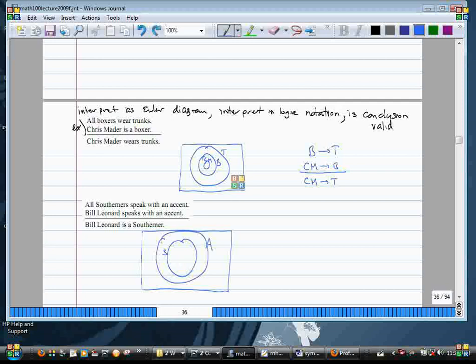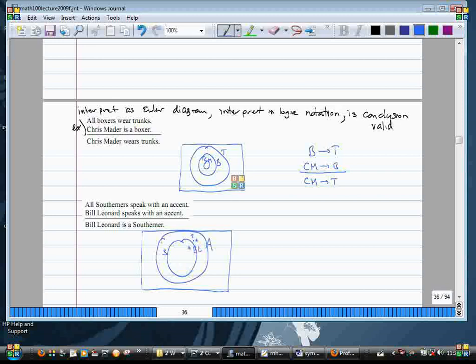So this is precisely the point. Bill Leonard could be here. Bill Leonard could be here. We don't know. So can we conclude that Bill Leonard is a Southerner? No. Well, for this kind of invalid argument, you can't draw it because you don't know where it goes.